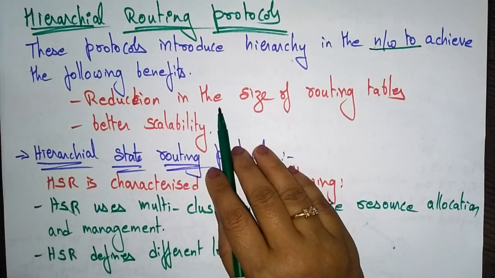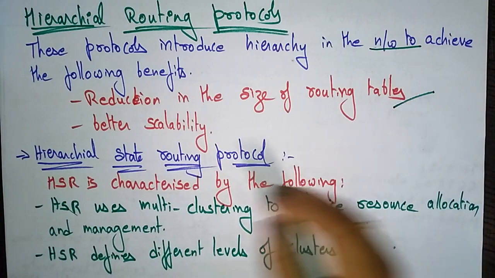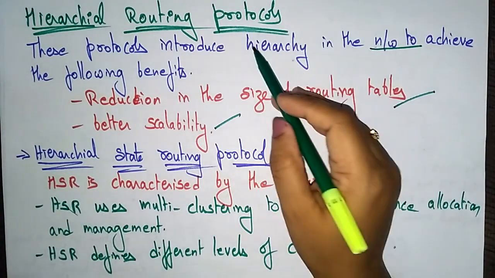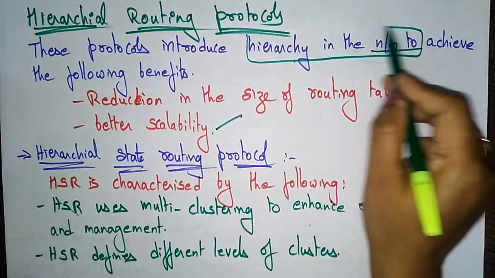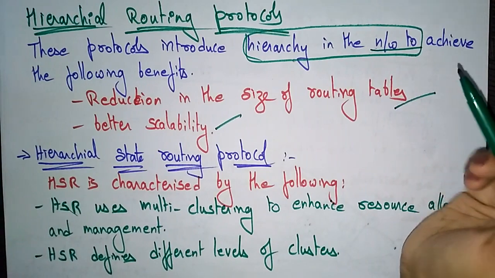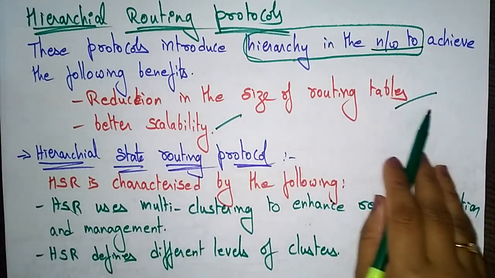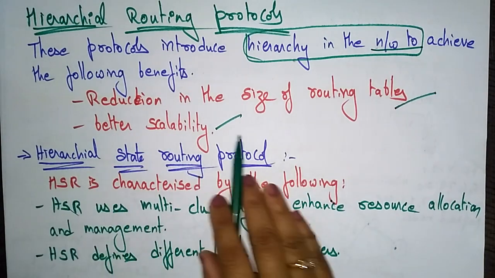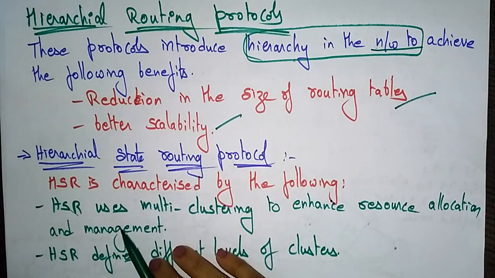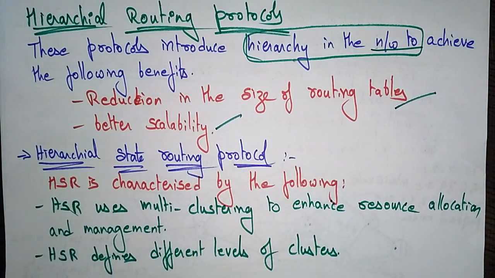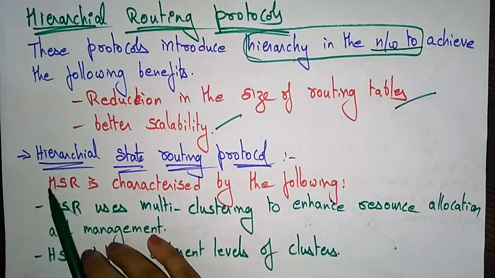Reduction in the size of routing tables, and better scalability. So the hierarchical routing protocols are used to reduce the size of the routing tables and for better scalability. Now let's see how it does that.